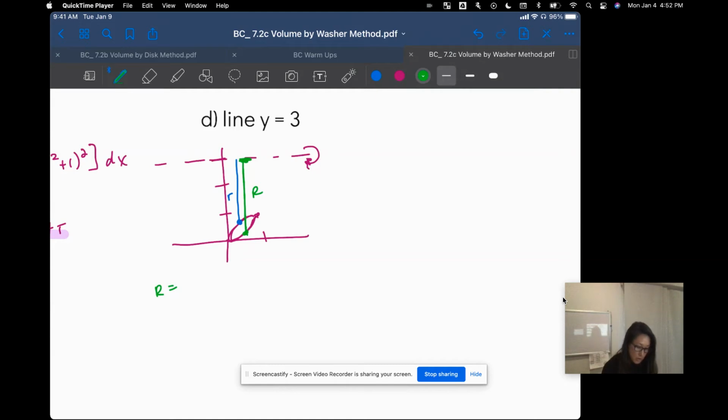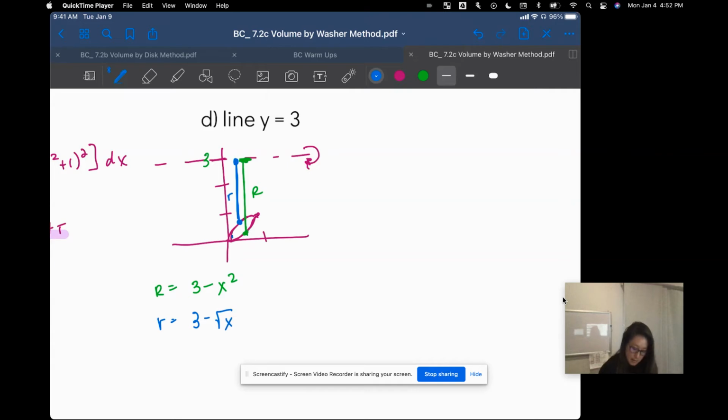So the length of the outer curve would be from 3, and then I'm going to subtract out the height of the outside curve, which would be x squared, okay? The length of the inside curve would be from 3 down to the square root of x.